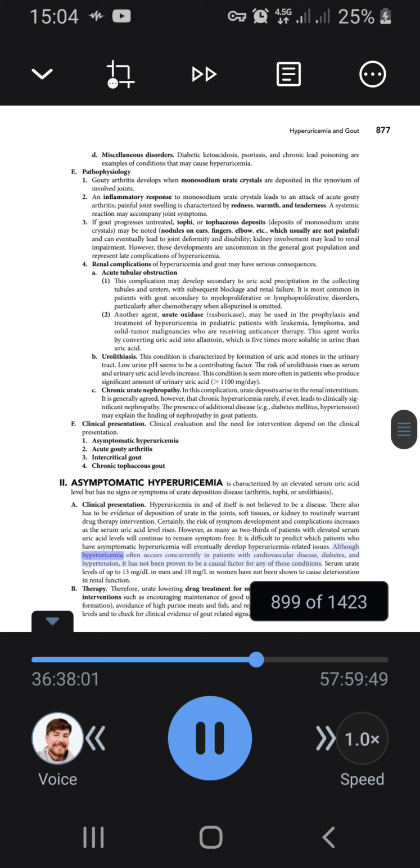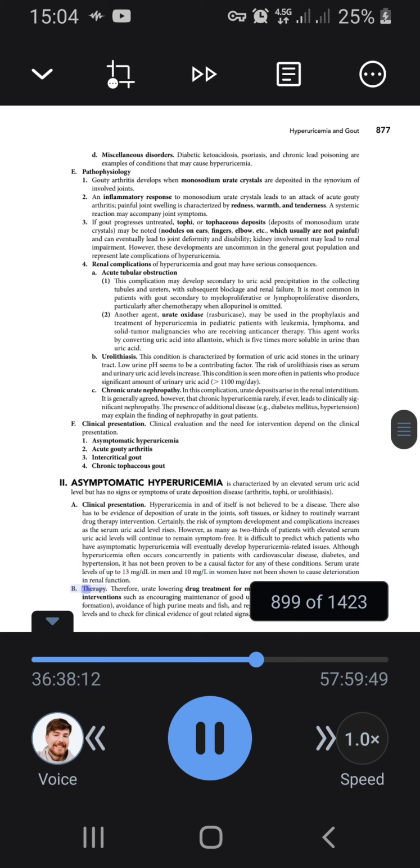Although hyperuricemia often occurs concurrently in patients with cardiovascular disease, diabetes, and hypertension, it has not been proven to be a causal factor for any of these conditions. Serum urate levels of up to 13 mg/dL in men and 10 mg/dL in women have not been shown to cause deterioration in renal function.